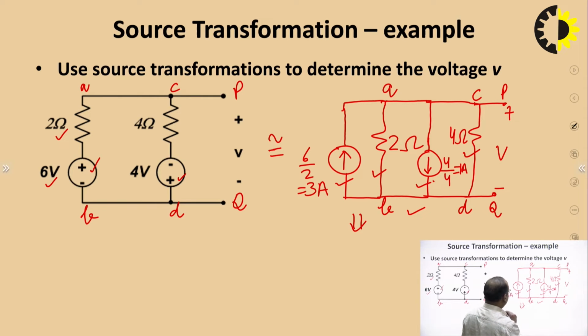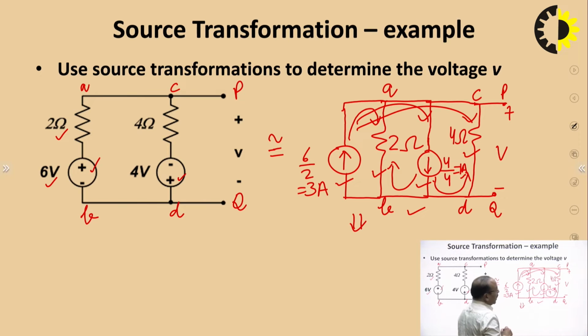If we see this 3 ampere current source, it will be supplying the current to the circuit like this, and this 1 ampere current source will be supplying the current like this. That means both these current sources are supplying currents to this resistance and to this resistance in opposite directions.